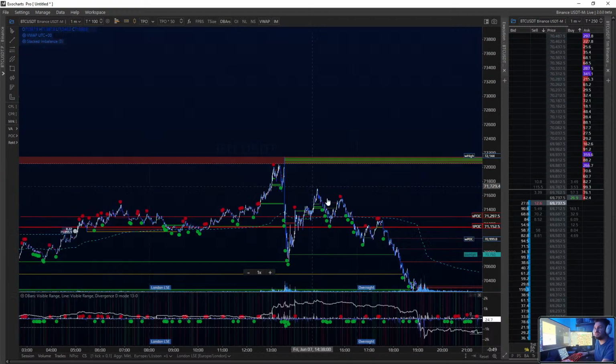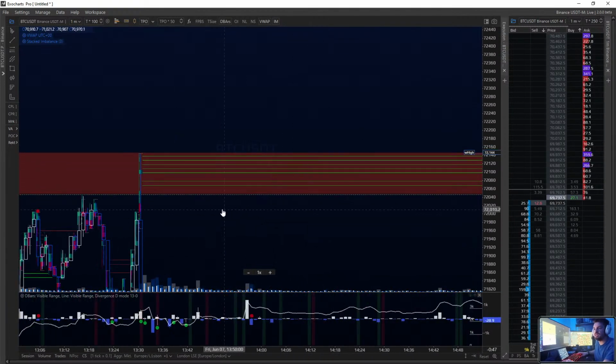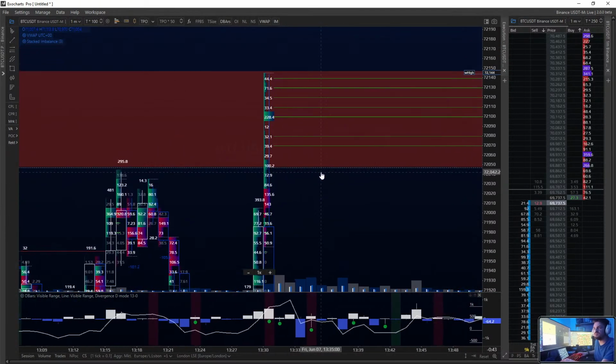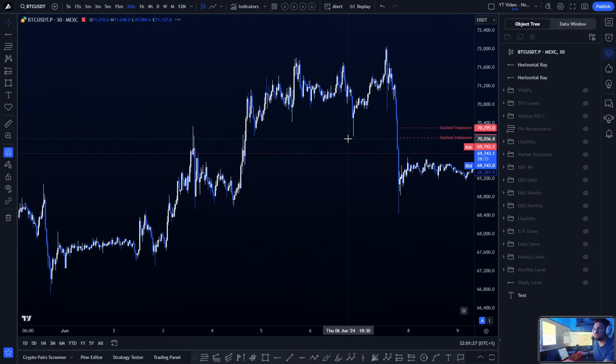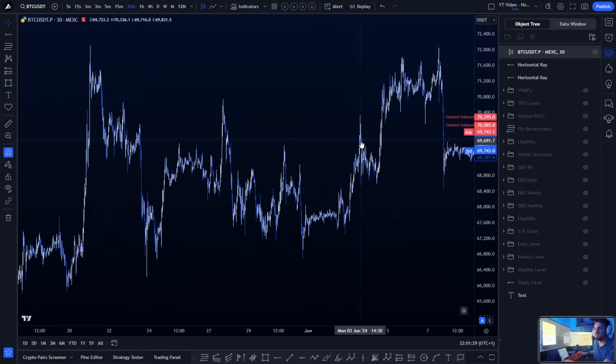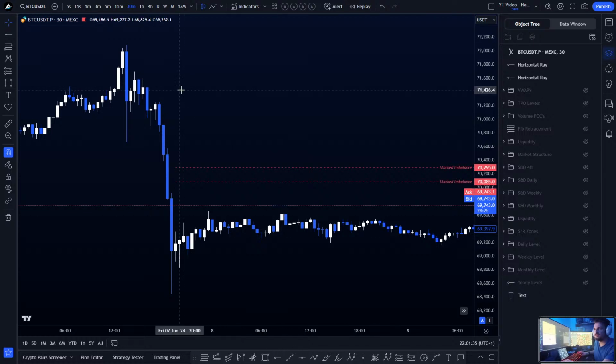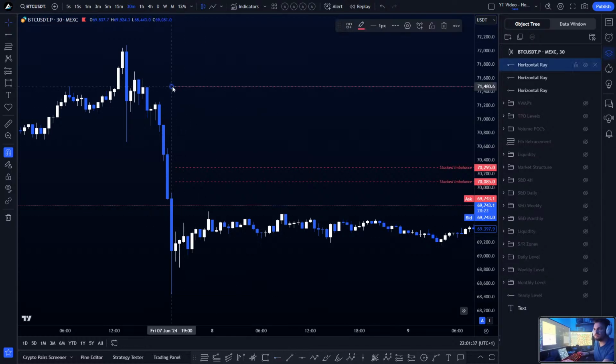One thing to notice is, look at the big group of stacked imbalances that appeared right on top of the candle. Right on top of the candle. This basically exhausted sellers, and now longs got trapped there, if they are not gone already, probably gone already. But it's important to note that starting at 72,045 there's a big cluster there.